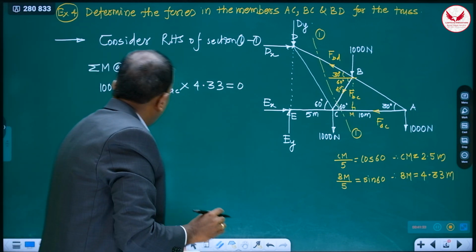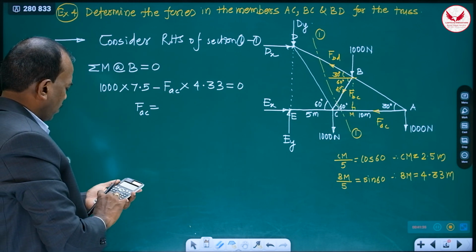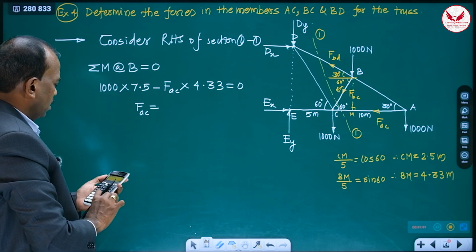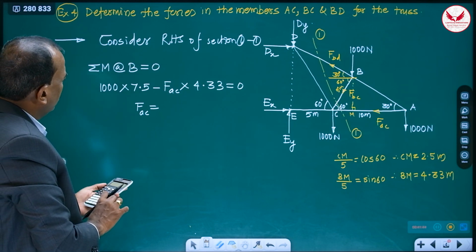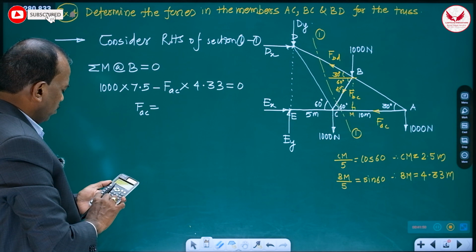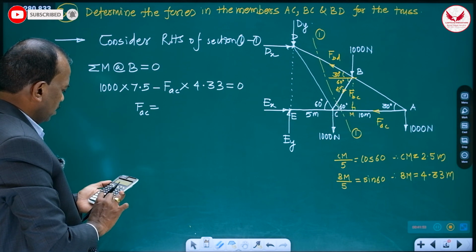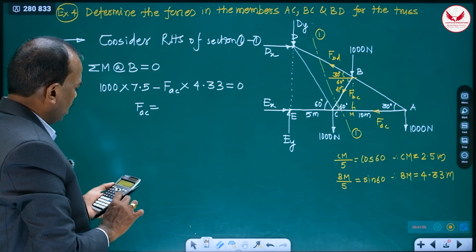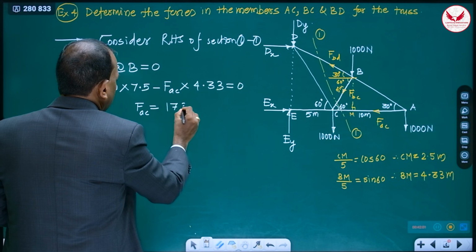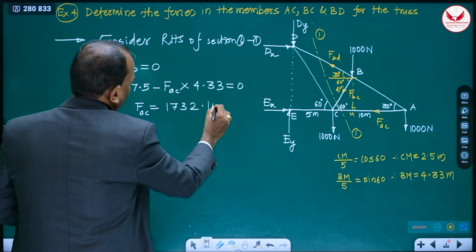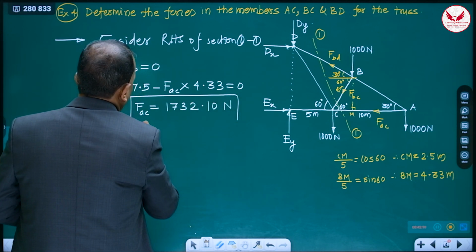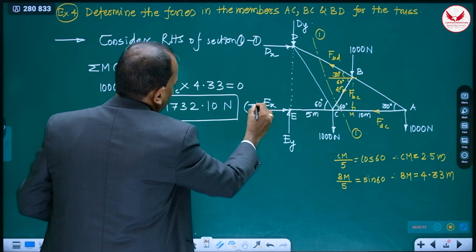FAC is equal to 7.5 into 1000, 7500 divided by 4.33, 1732.10 Newton. So this is the force in AC member, and it is going to be tensile.